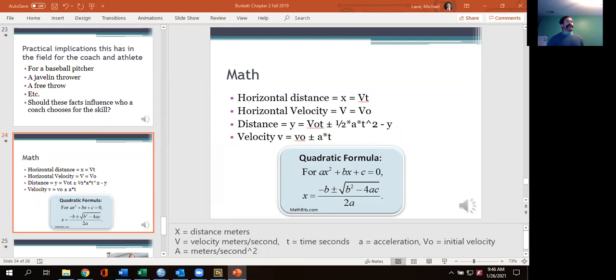We ride it for that same 10 seconds. How far have we gone? So now we have to use that third formula, the distance formula.